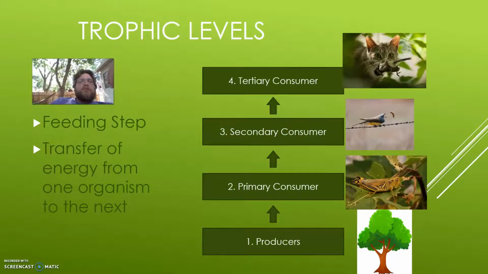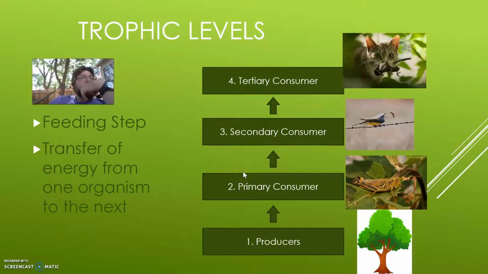At the first trophic level, producers consumed the sun. At the second trophic level, primary consumers consumed producers. At the third trophic level, secondary consumers consumed primary consumers, and at the fourth trophic level, tertiary consumers consumed a secondary or primary consumer.